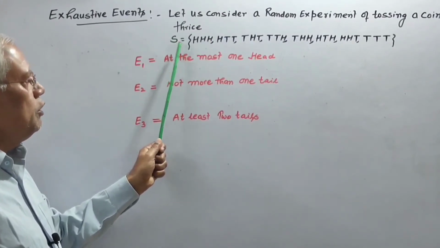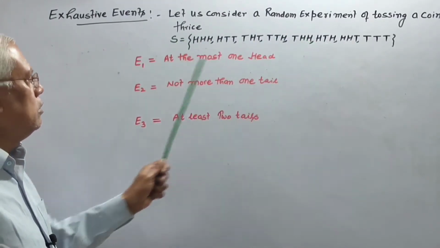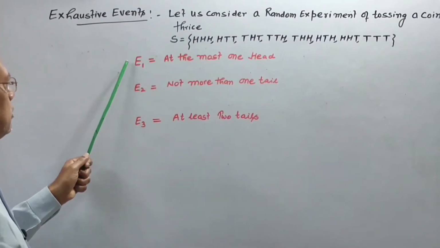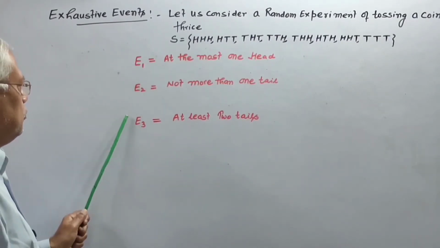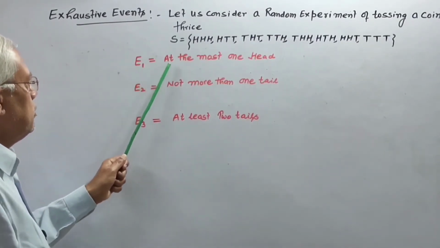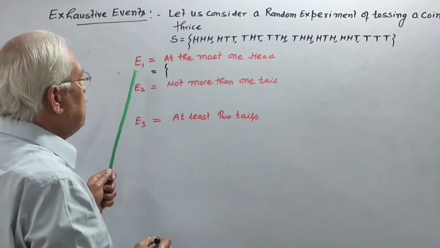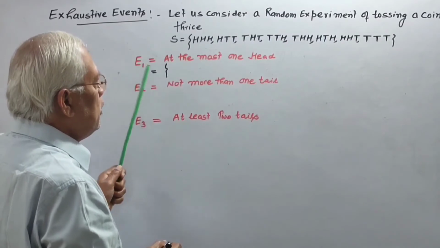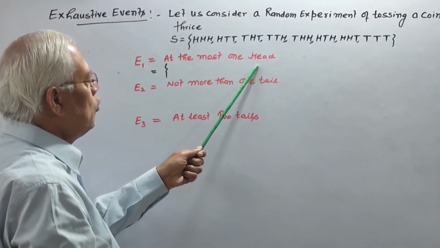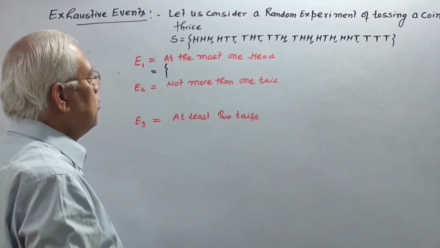Then sample space will be this. Let us take 3 events E1, E2, E3. E1 is at the most one head. E1, at the most one head, means not more than one head.